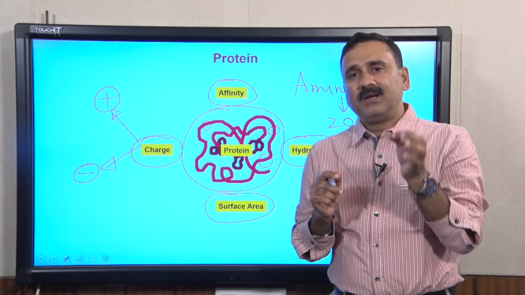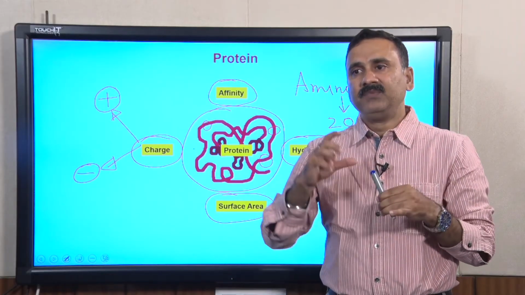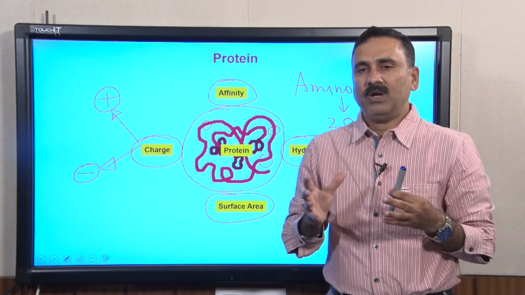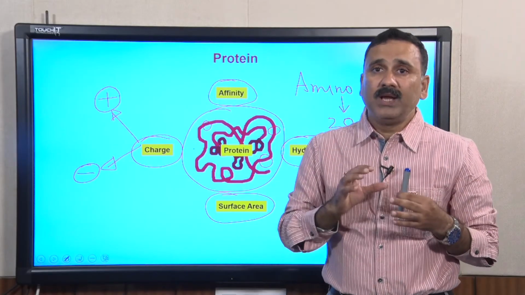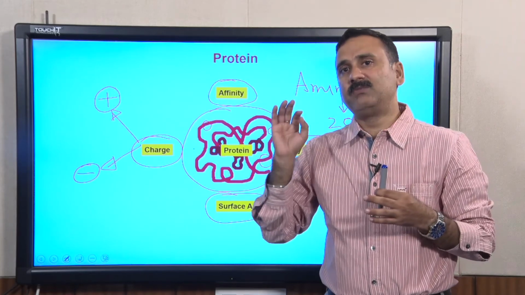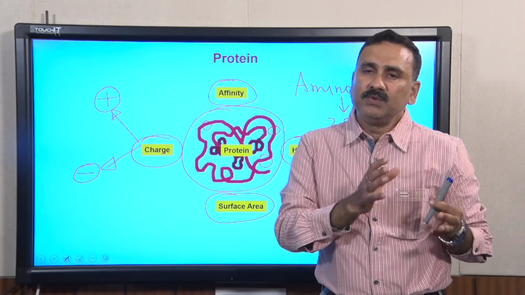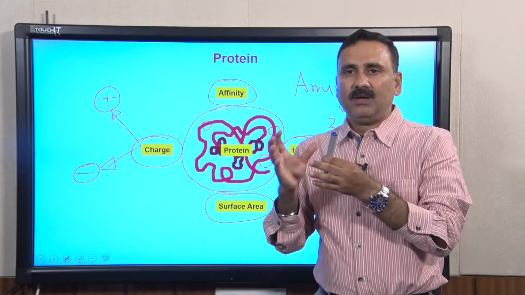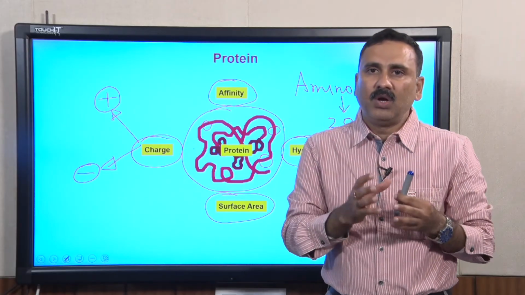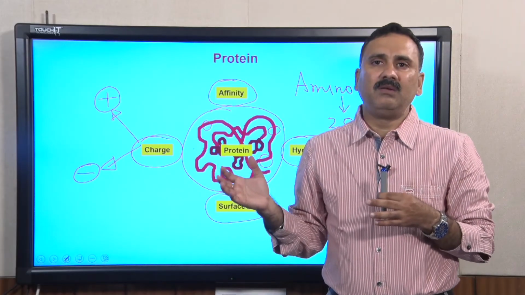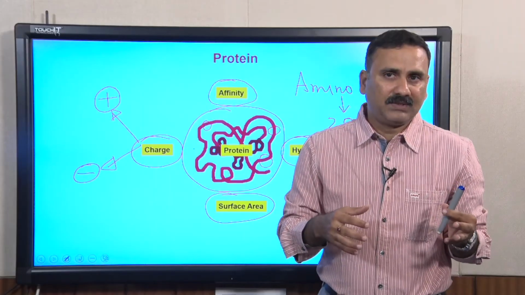So, the single stranded DNA binding protein has a charge distribution as well as other amino acid distribution in such a way that it has a very high specificity for DNA. And that is why if you use DNA as a ligand, you could purify the single stranded DNA binding protein from the crude lysate.